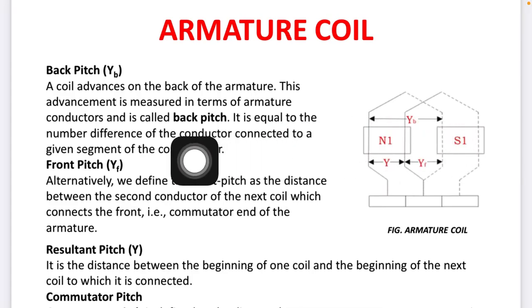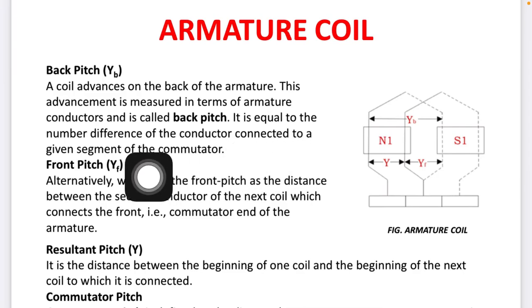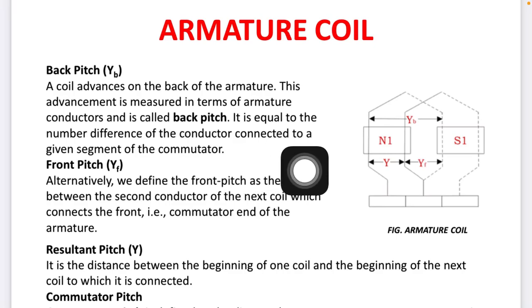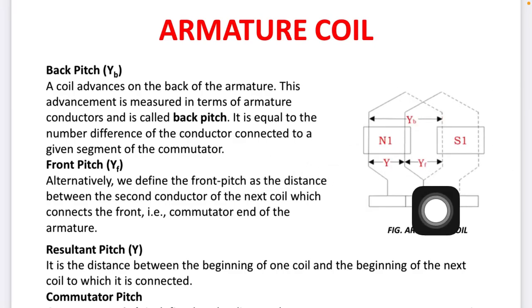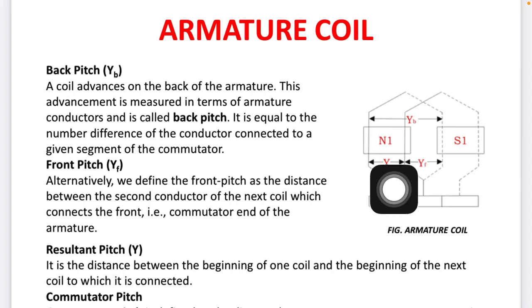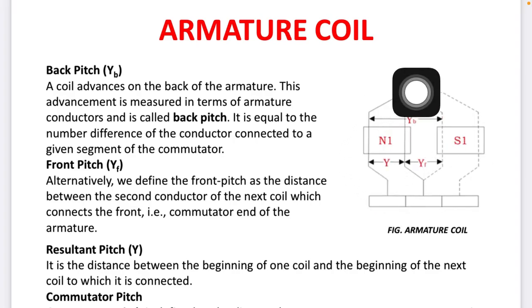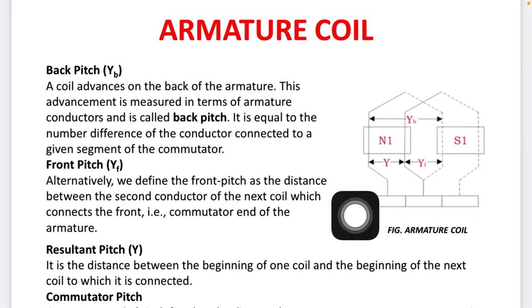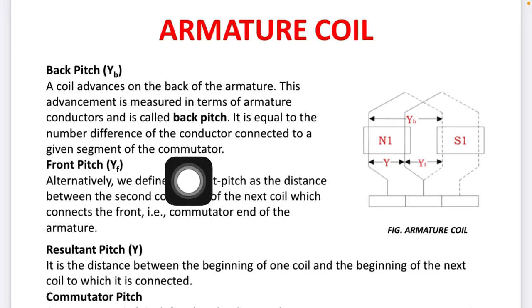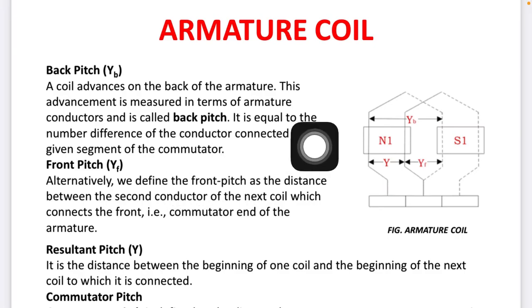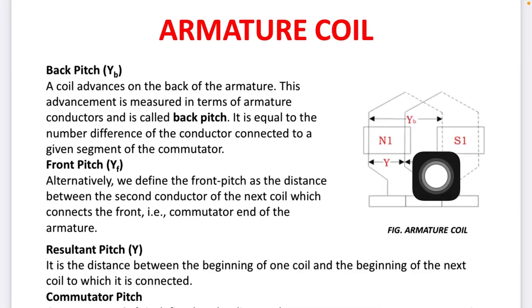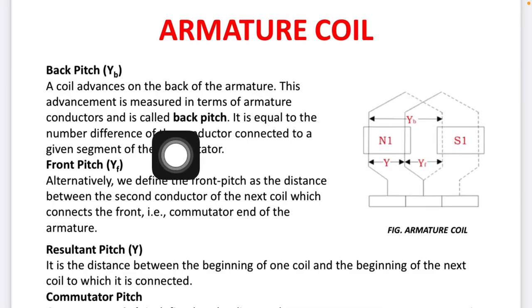It is equal to the difference in the numbers of the conductors connected to the given segment of the commutator, right. These are the commutator segments over here, and these are the armature windings. Lap and wave winding are the types of armature winding, so I am talking about armature winding. The distance between where the first side starts and the other side ends is called the back pitch.